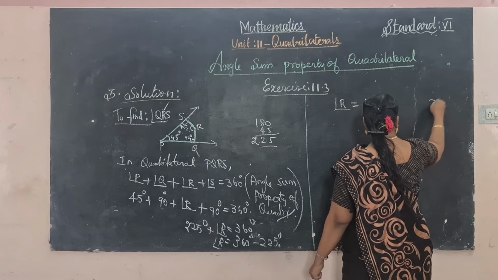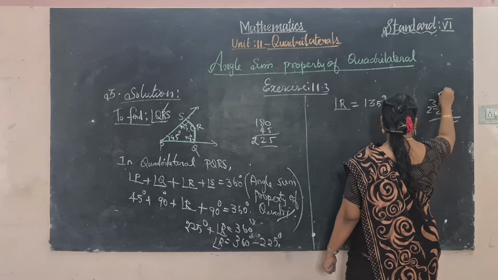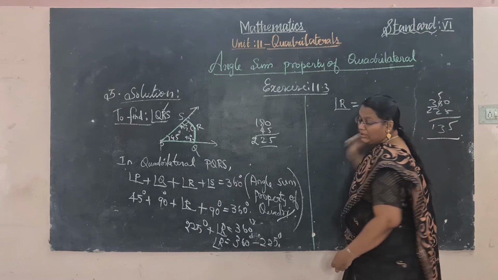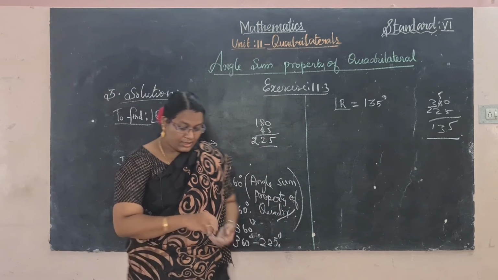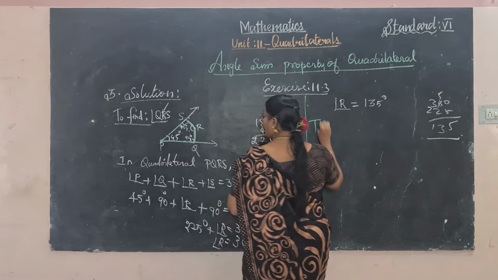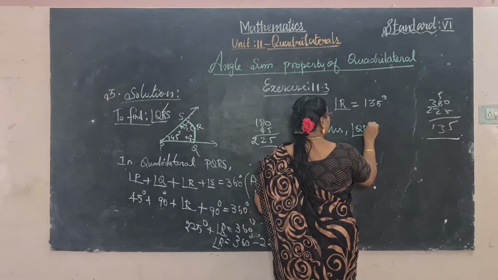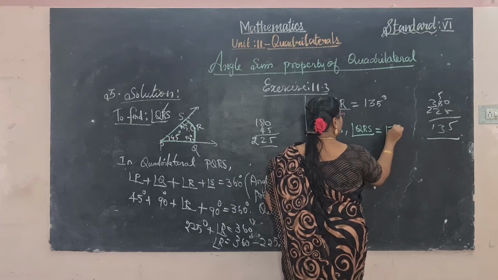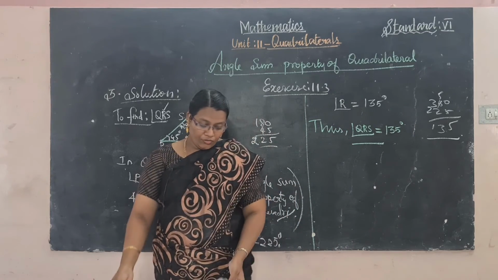Thus the angle QRS is equal to 135 degree. That's it. Now move to the fourth one.